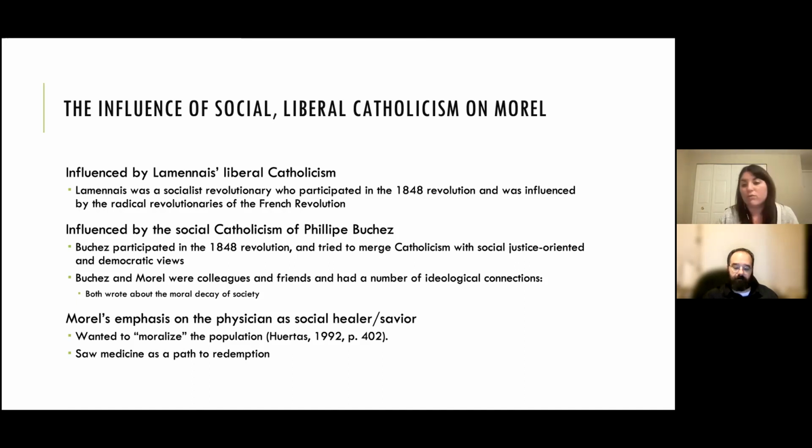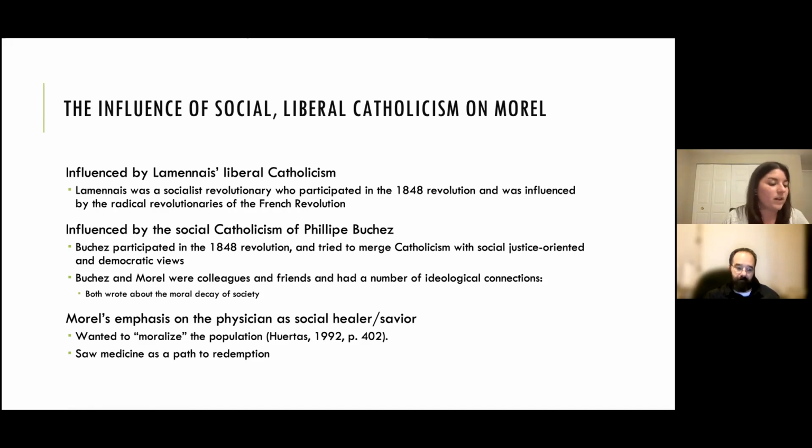Both wrote about the moral decay of society, which Boucher attributed to societal trust in governments that he thought were just self-serving. And Boucher sought to end this decay, and he thought the revolution was a major step in reinstilling French society with Christian morals.